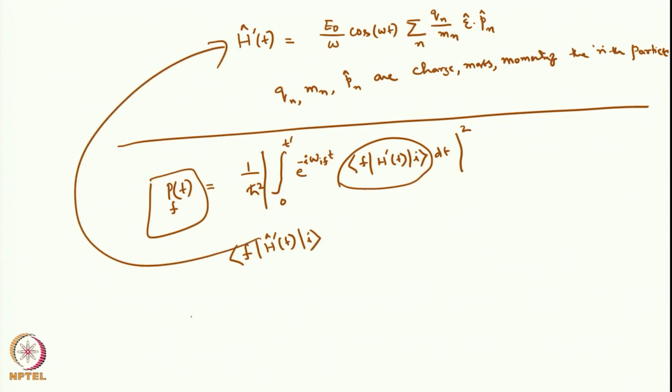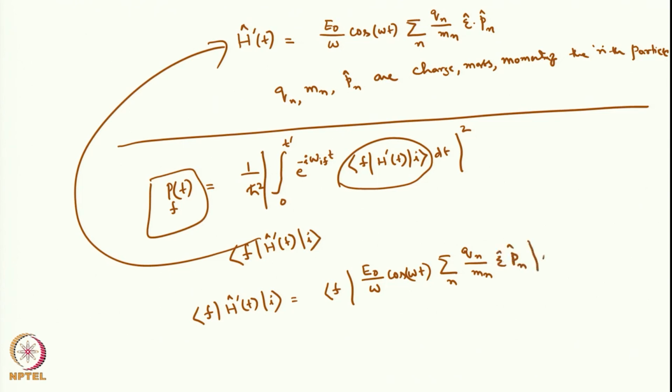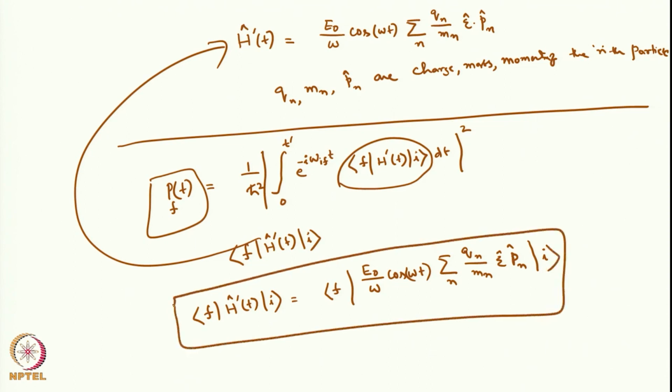So your integral f H prime of t i is given by f, E naught by omega cos omega t, sum over n of q_n by m_n, epsilon dot p_n, i. So, this is the integral that I need to evaluate.